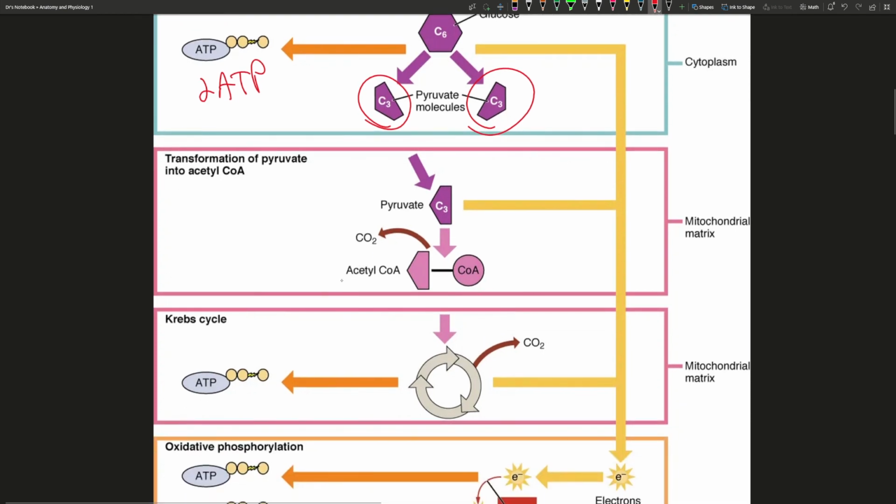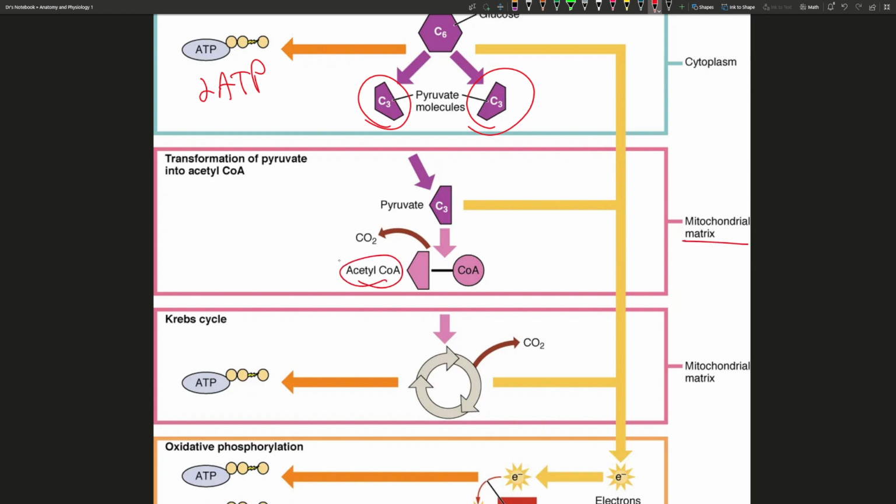So here, you then go into the mitochondria. The mitochondria requires there to be oxygen. And this is why we require oxygen to be alive, is for the mitochondria to make ATP via oxidative phosphorylation. But first, we have to take those pyruvate molecules and convert them into something called acetyl-CoA, which happens inside the mitochondria.